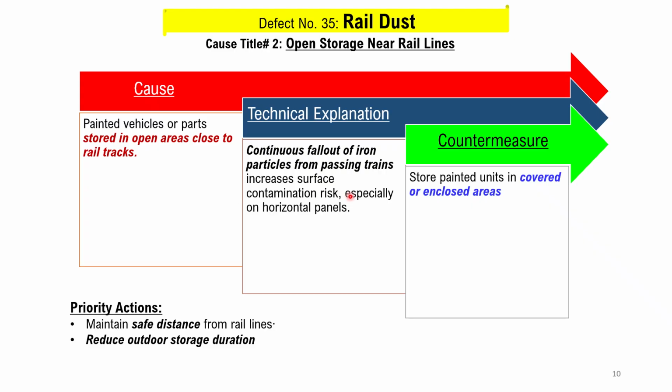The recommended countermeasure is to store painted units in covered or enclosed areas. The priority actions are: maintain safe distance from rail lines and reduce outdoor storage duration.